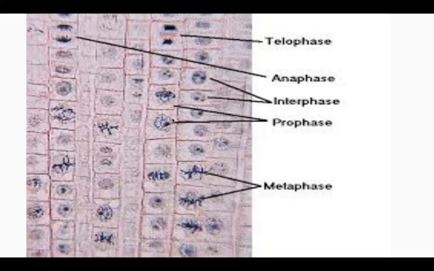Then we have prophase, and that nuclear membrane is breaking down. In metaphase, all those chromosomes are lined up in the middle. Then in anaphase, we're starting to split them apart. So you can see the chromosomes on one end here and the other chromosomes on the other end here. And in telophase, it's actually starting to redevelop that nuclear membrane, and it's going to get ready to pinch and divide into two cells during cytokinesis.